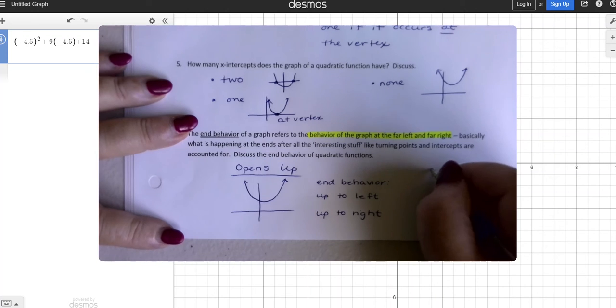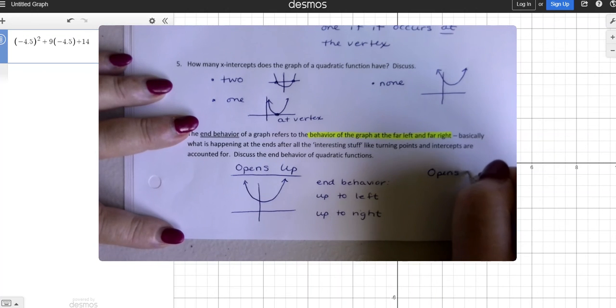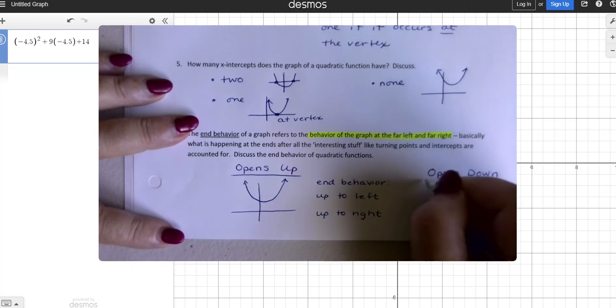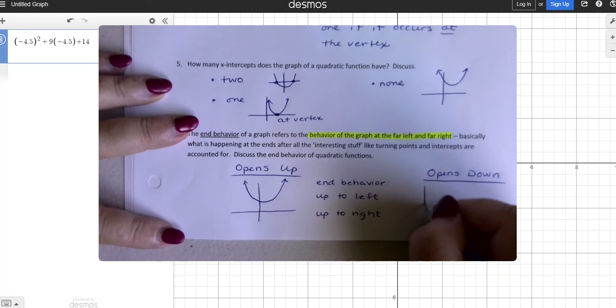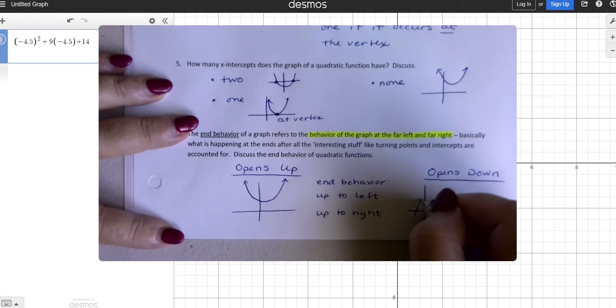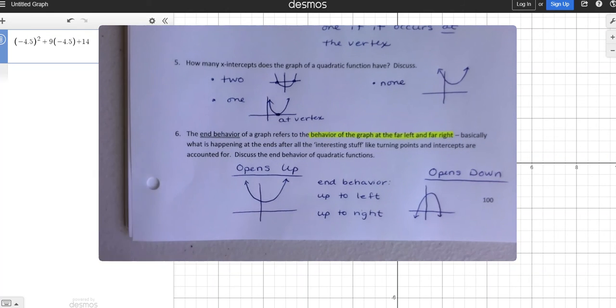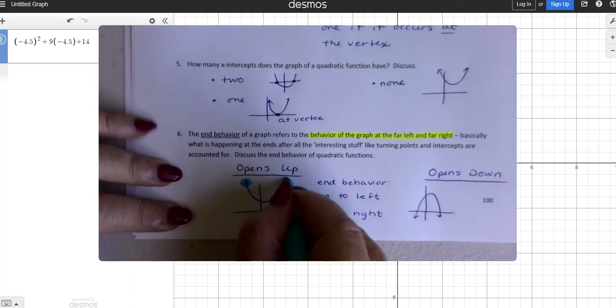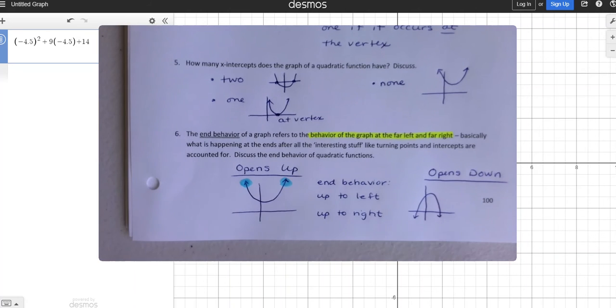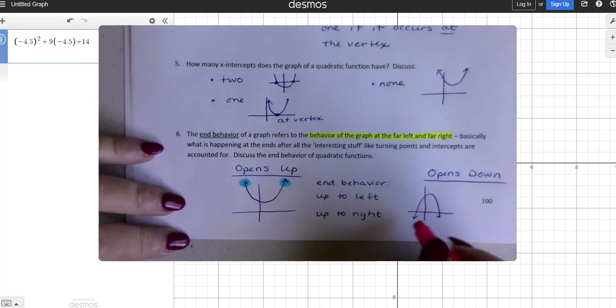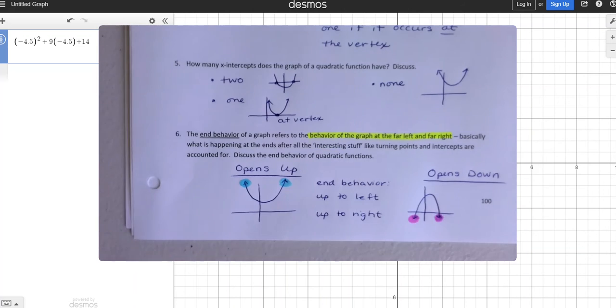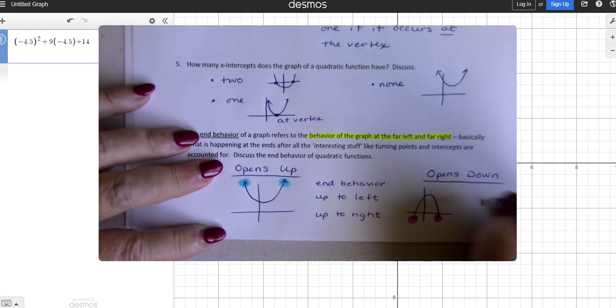On the other hand, if my parabola opens down, should use my space a little bit better, but we'll get through this. Then notice, instead of going up to the left and right, this one actually goes down to both the left and the right. And that again is how I would describe my end behavior.